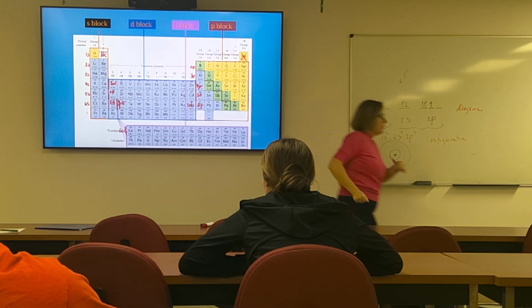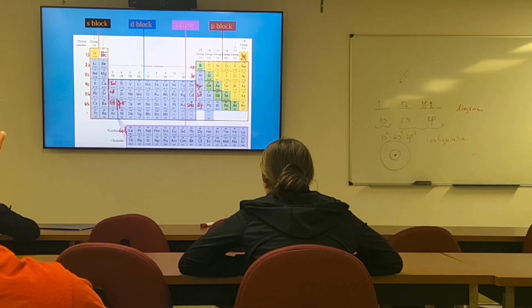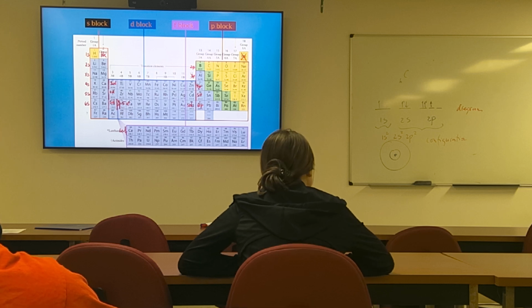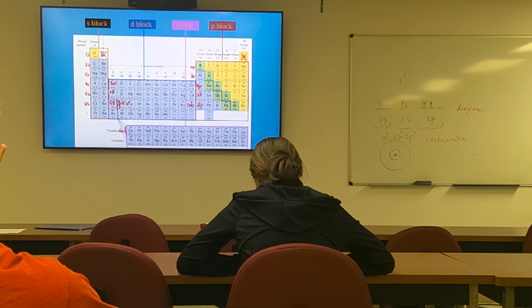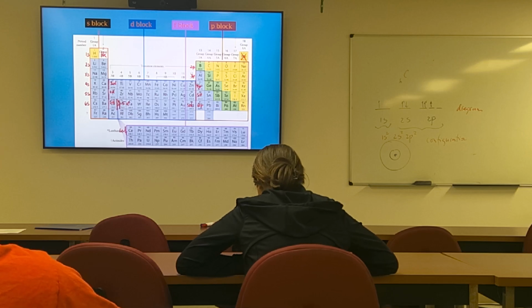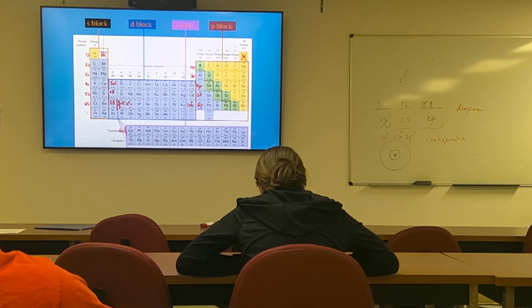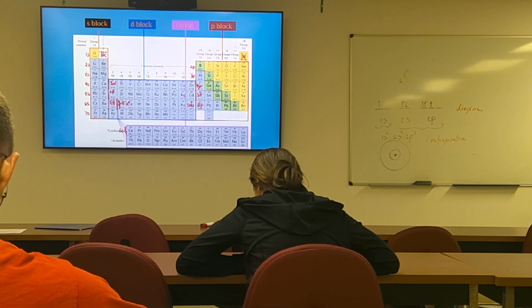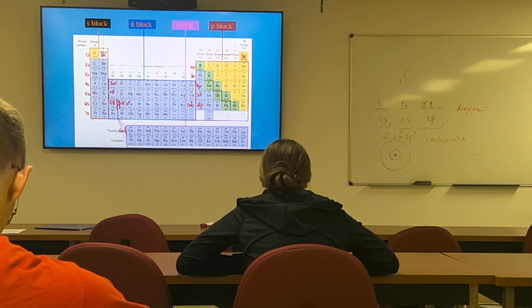So continuing the 5ds, all these elements, and then we go back to normal. So the s and the p follow the period number. The d is the period minus 1, and the f is the period minus 2, n minus 1 and n minus 2. Okay? The 7th period, 7s, francium and radium are your 7s elements.